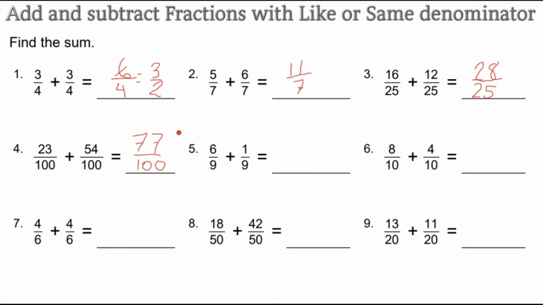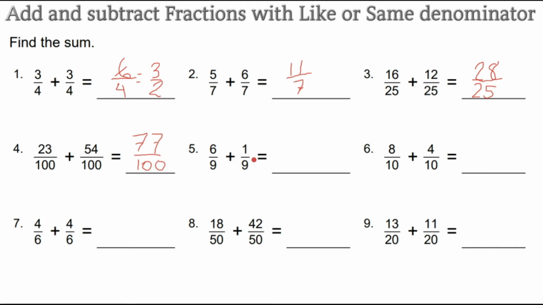Why do we say this is a regular fraction? Because the numerator is smaller than the denominator. Can we simplify this? No, because 77 is an odd number, so it cannot be divided. Even though 100 you can, if one of these numbers cannot be divided, you cannot do it with the second number.